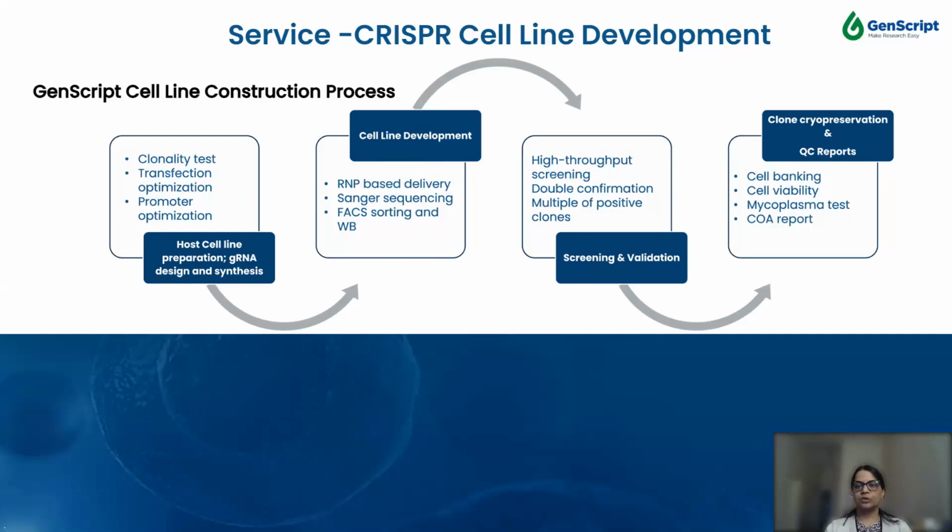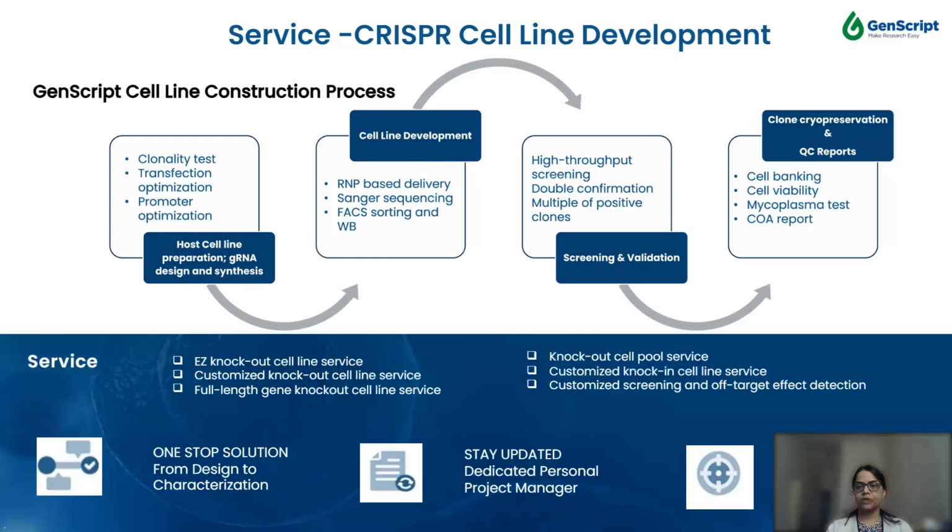And we also support various delivery methods like viral vector or plasmid, and let the customer select whichever method they want. At the same time, customers can specify the target gene, editing region, cell type, etc. And in addition, customization service for the QC analysis is also available along with the regular service for the CRISPR cell line.